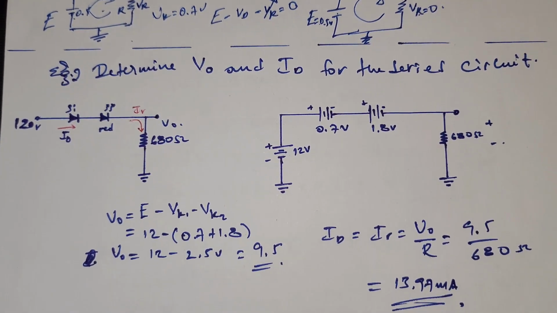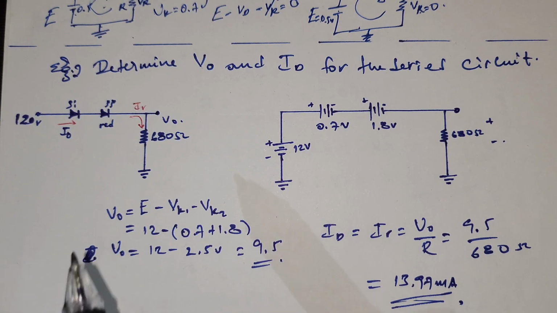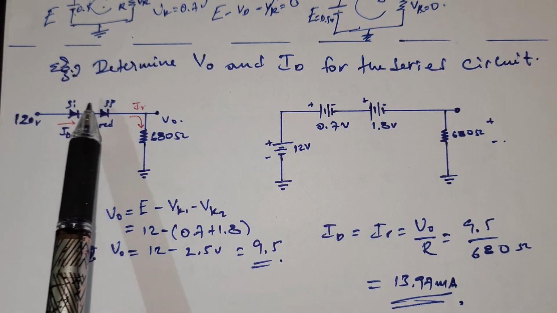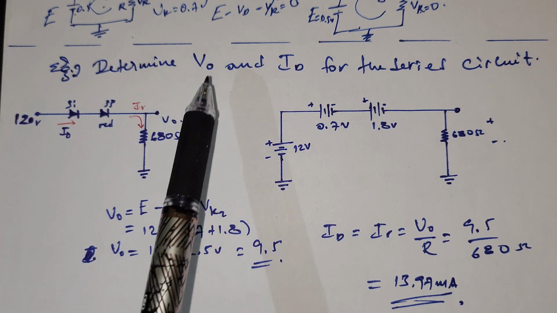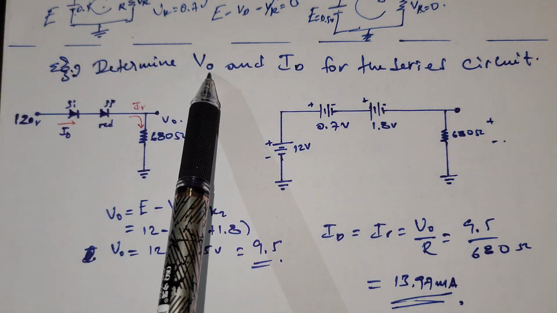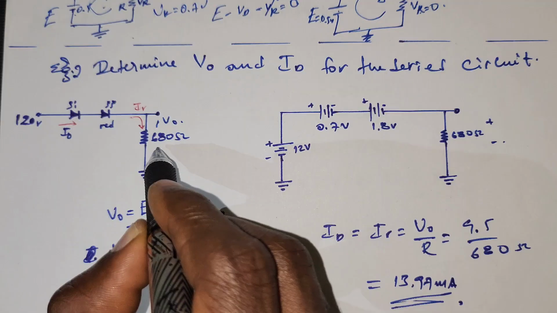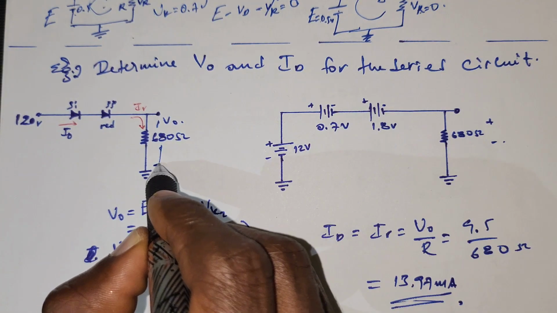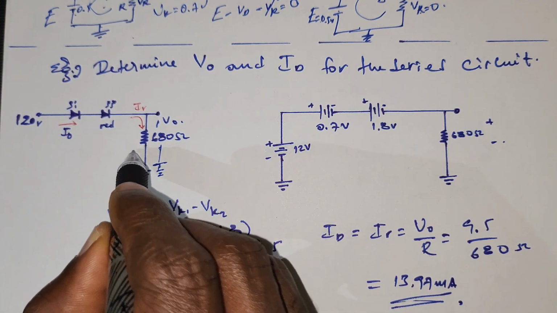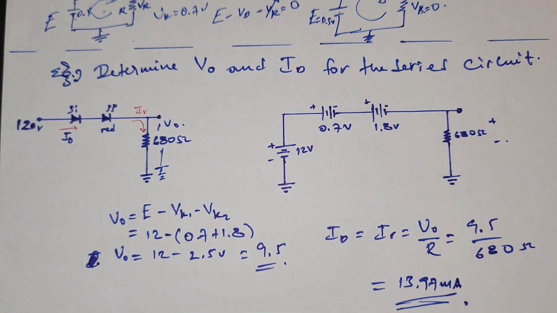Now let's come to the second example. In the second example, this is the circuit. In this circuit, we are asked to determine the V output, the V output across this one, which is parallel with this 680 ohm resistor.